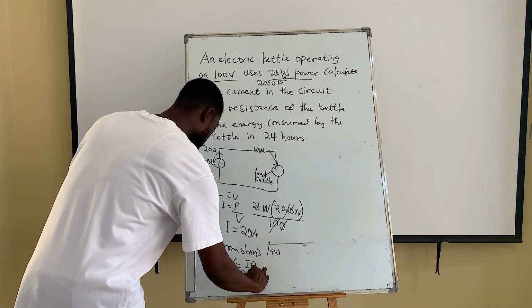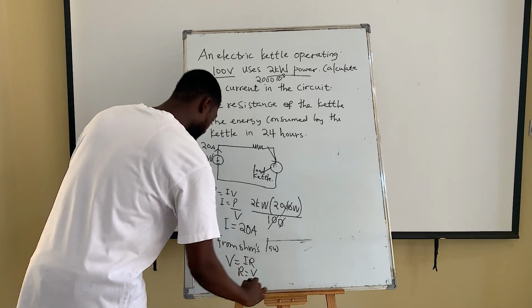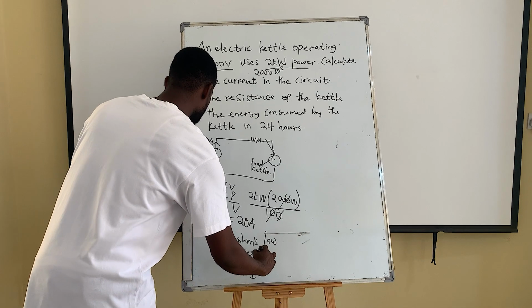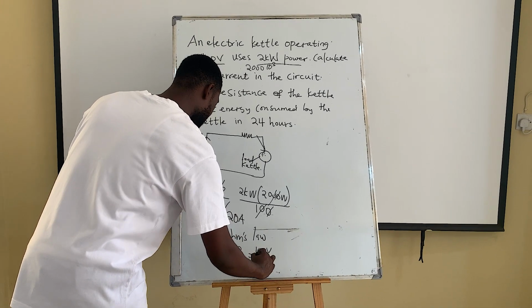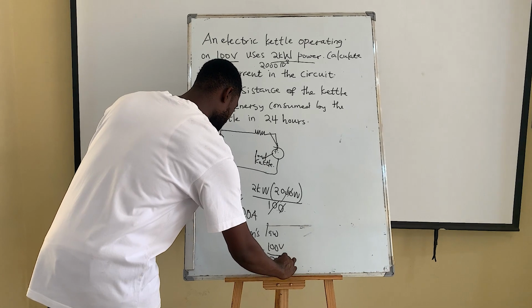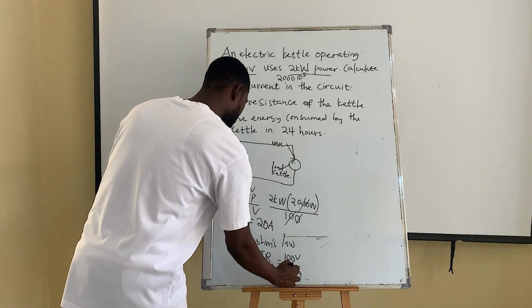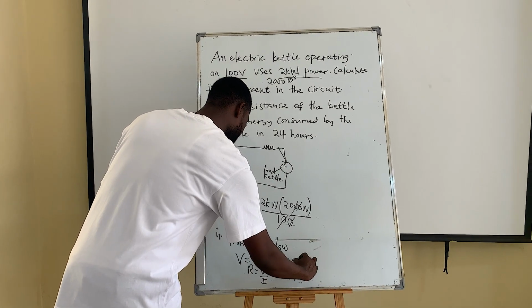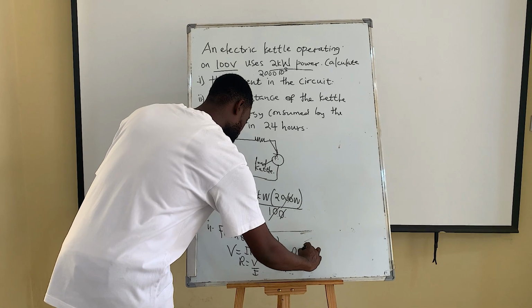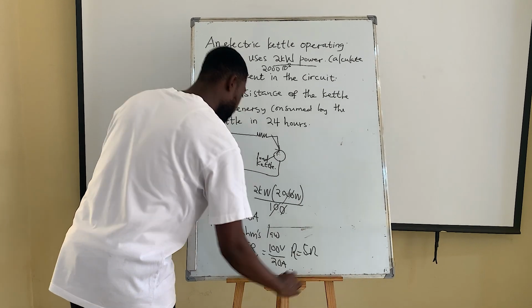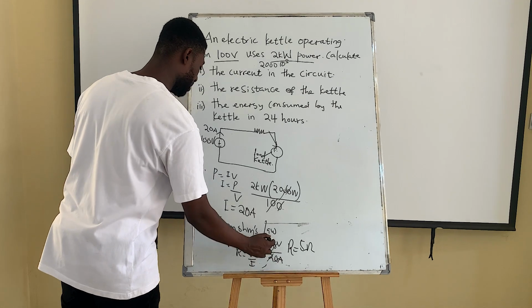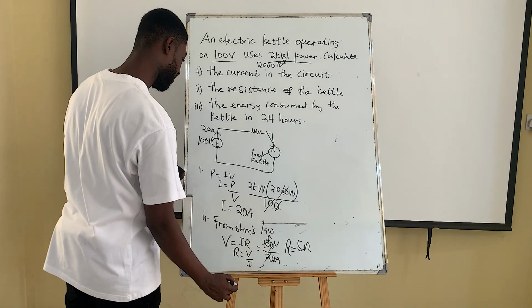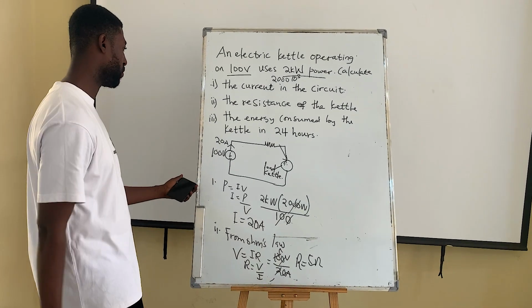So the resistance will be equal to V over I. The voltage, supply voltage is still 100 volts. The current is 20 amps. Therefore, the resistance will be equal to 5 ohm, because 0 cancels 0, 2 goes here, 1 goes here, 5. So we are going to have 5 ohms.